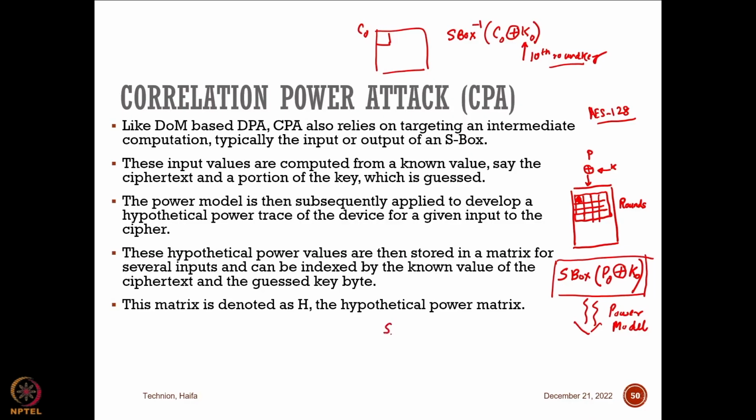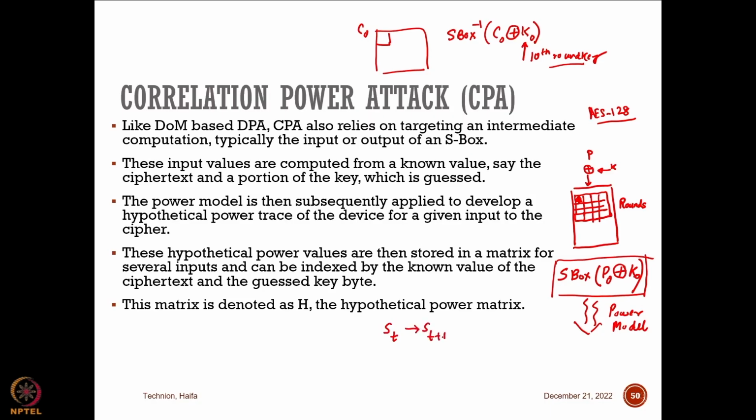So how do you predict the dynamic power? You can see this state, which in this case is a byte, and you can apply your favorite power model. There are different types of power models. Two very simplistic ones are the Hamming weight power model and the Hamming distance power model. The Hamming weight model simply stands for the number of ones in that byte. Hamming distance means it is the change of the state that matters. Suppose you have a state st at time t, and this changes to st plus 1.